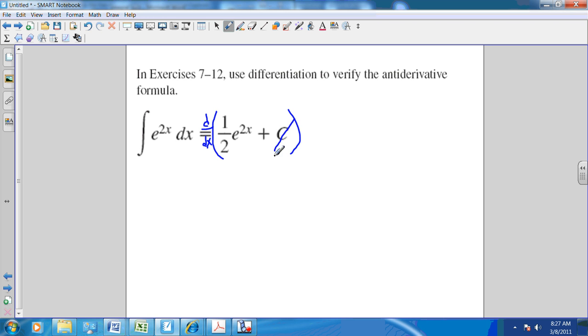The derivative of a constant is 0. Derivative of e to the 2x, again, we said that was 2e to the 2x times that constant that we never really have to worry about in terms of the derivative. And then 1/2 times 2, that's 1, so that's e to the 2x plus 0, which is e to the 2x. And we've confirmed that that antiderivative is correct.